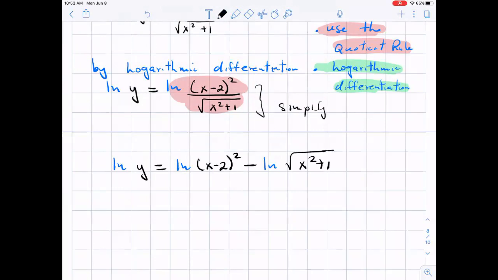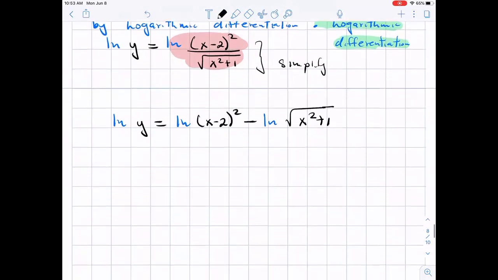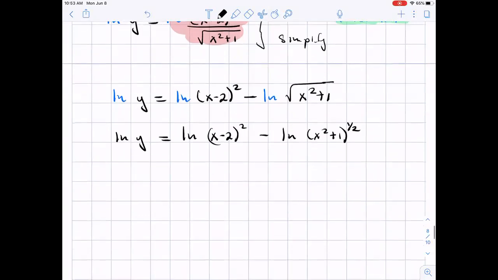If we further simplify this without taking the derivatives, because we know all of these derivatives, this is the same as ln of y equals ln of (x minus 2) squared minus ln of (x squared plus 1) to the 1/2 power.